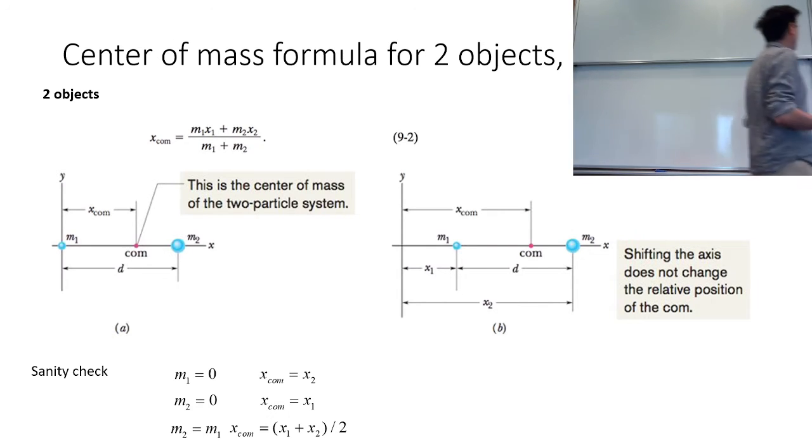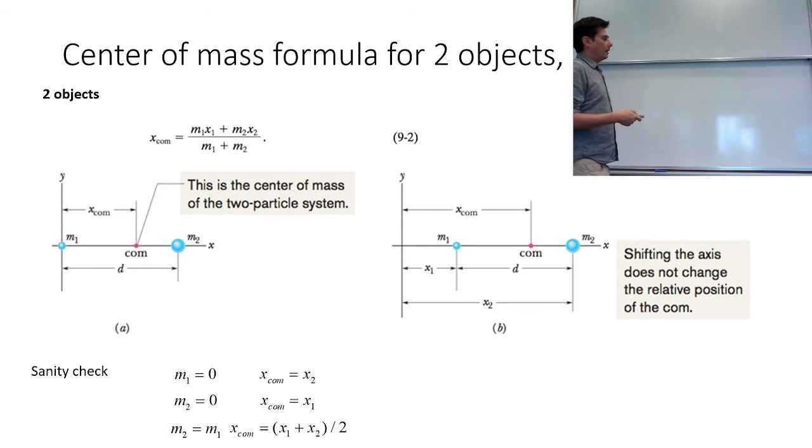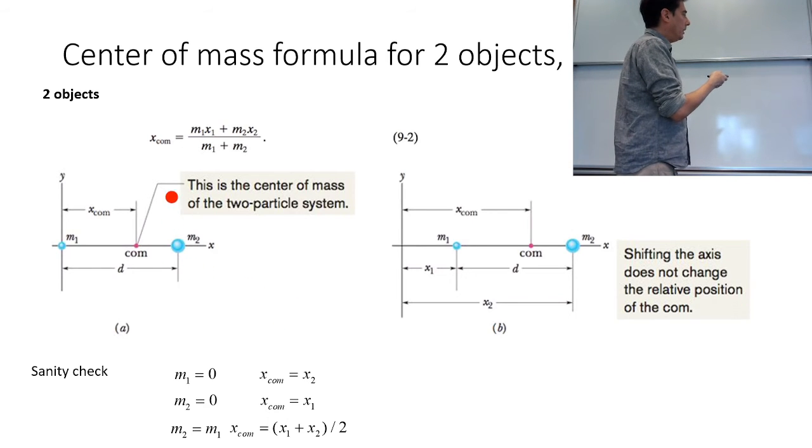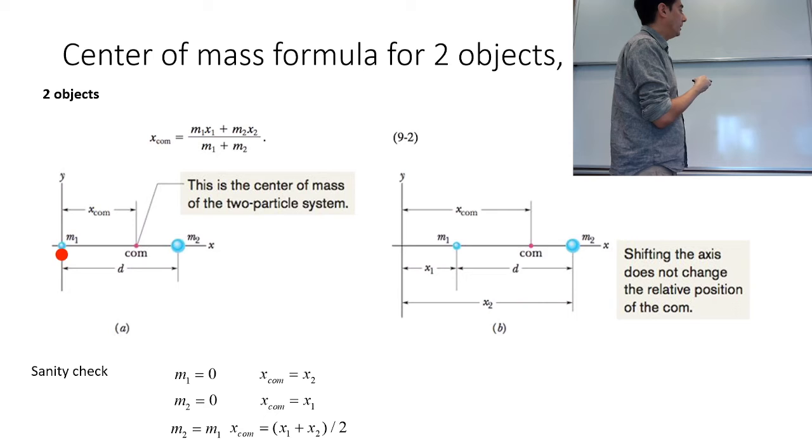Okay, yeah. So what you do is, it's like doing an average, but you put the mass as a coefficient on the position for each of the objects that you have.